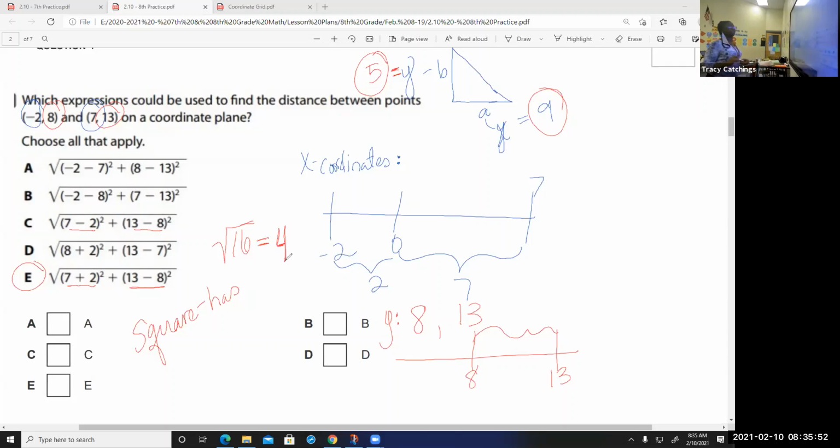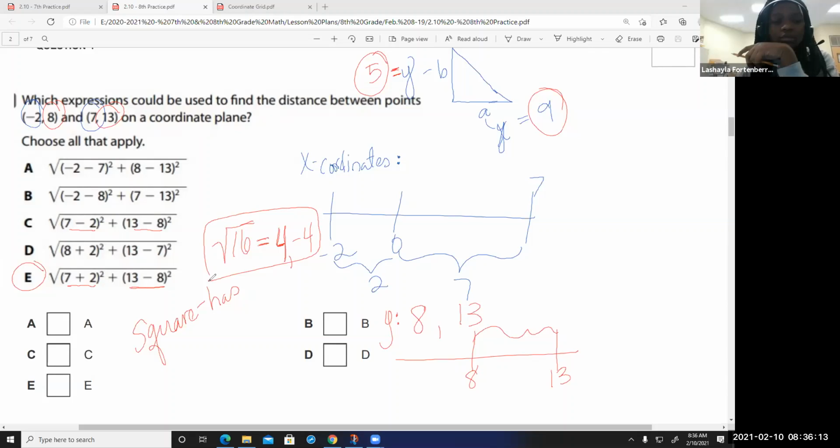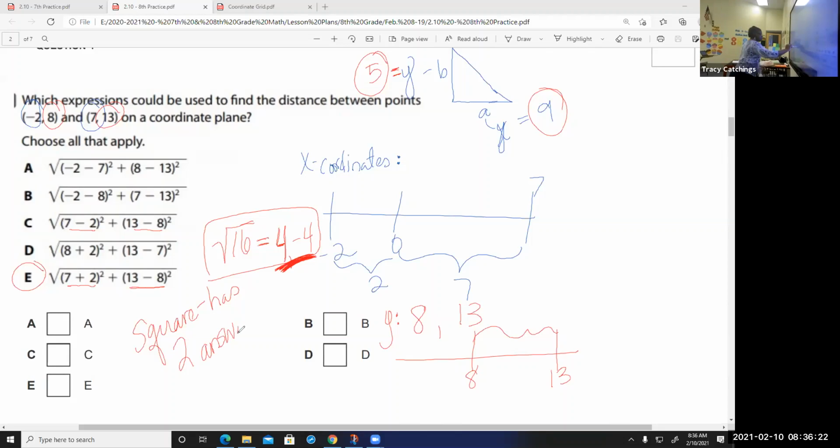Any other will give me 16? What's -4 squared? -4 times -4. 16. Okay, so a square has how many answers? 2. Okay, so a square has 2 answers.